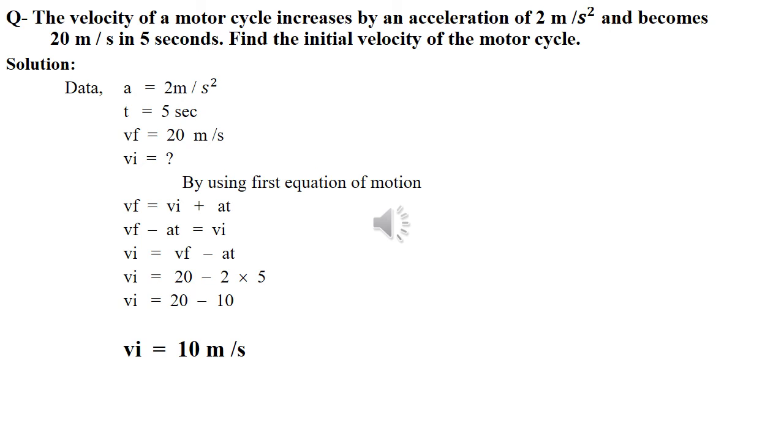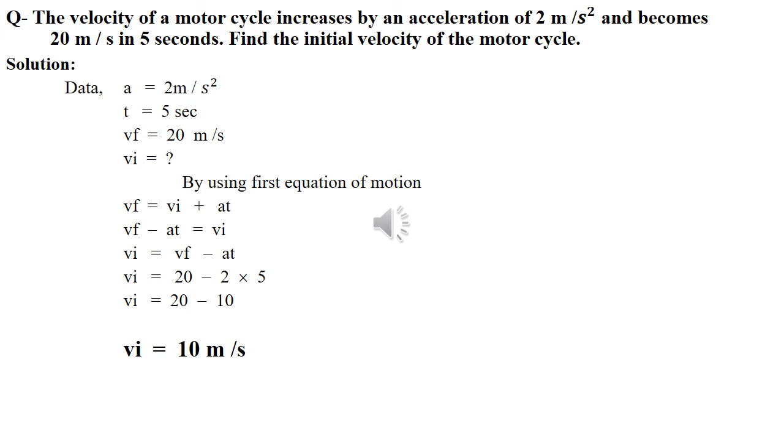As we know, first equation of motion is Vf equal to Vi plus At. We have to find initial velocity. So At is positive on the right side of the equation. As it goes to the other side, it should be negative. So Vi equal to Vf minus At.